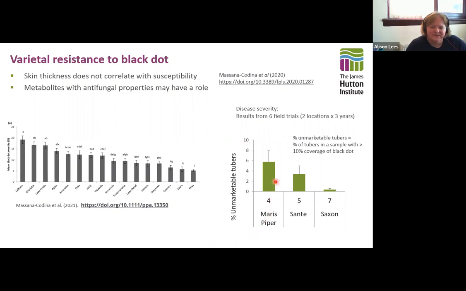For example, from 6% of unmarketable tubers at a resistance rating of 4 on a 1 to 9 scale of increasing resistance, compared with less than 1% at a resistance rating of 7.